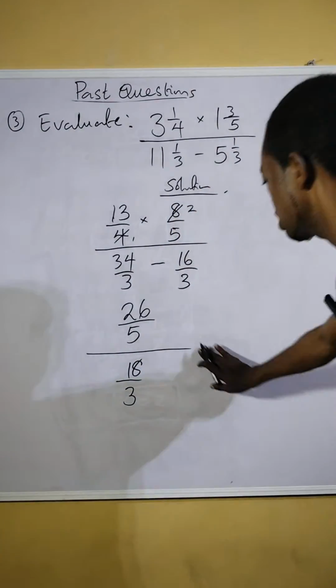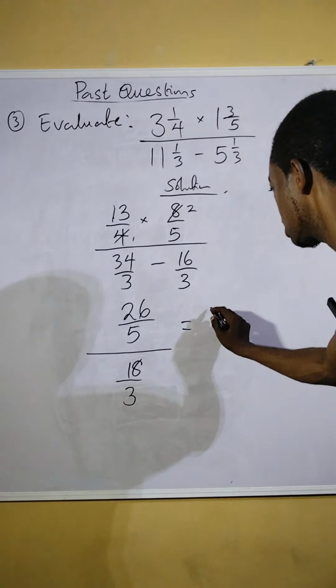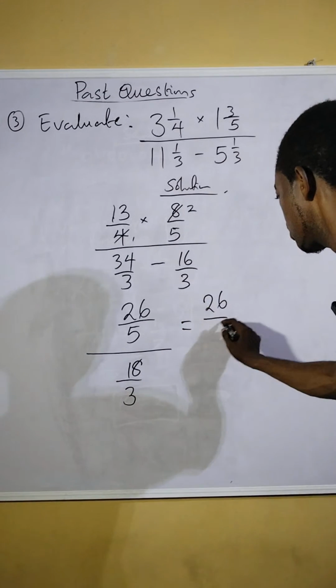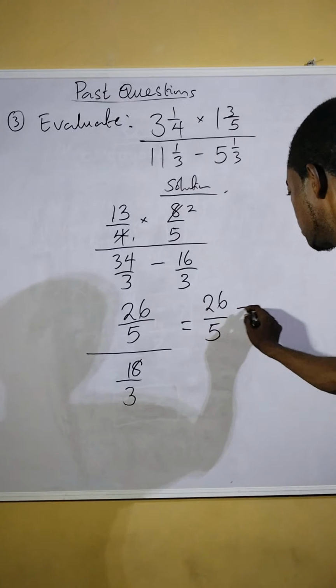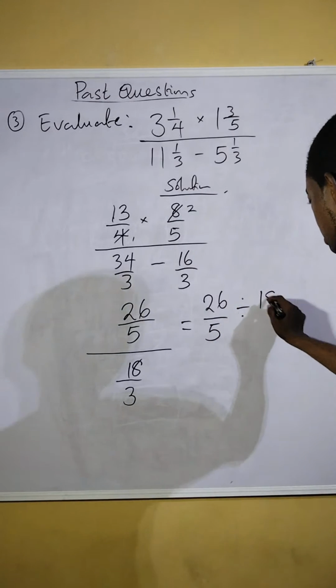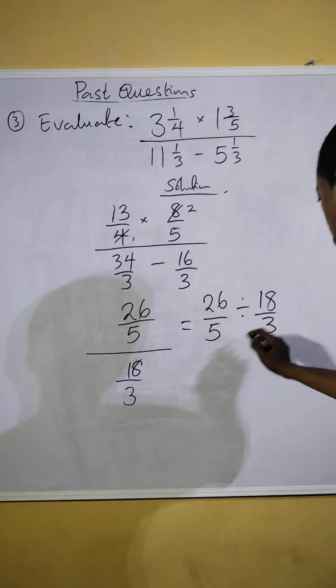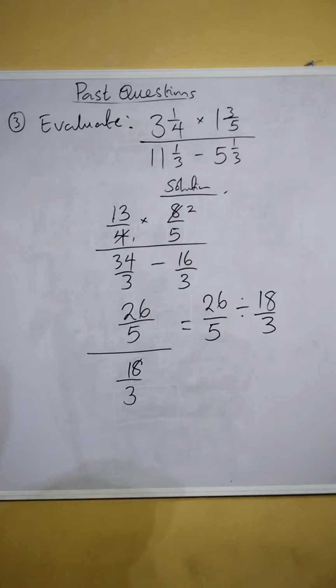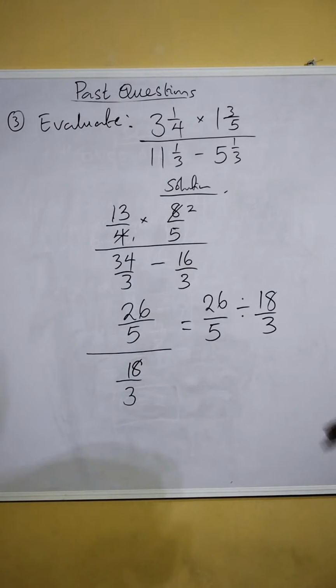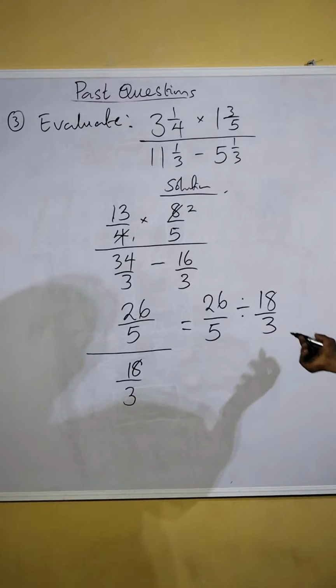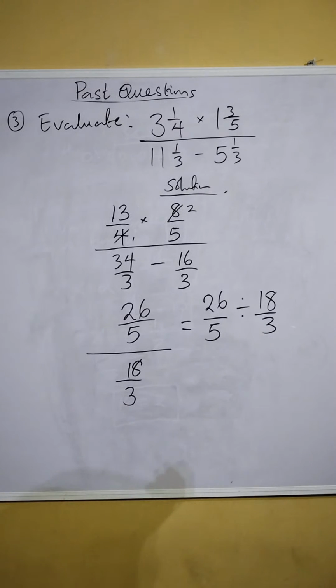Then this fraction can be written as 26 over 5 divided by 18 over 3. And don't forget that here we can turn this fraction upside down. And of course, even here 18 over 3, that can be simplified as 6.